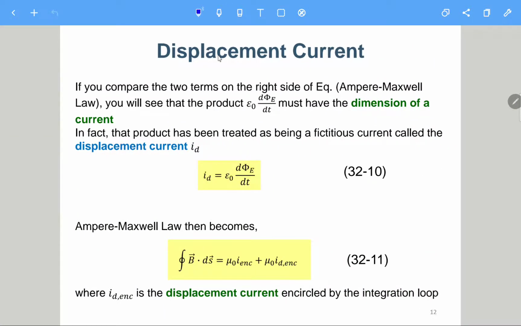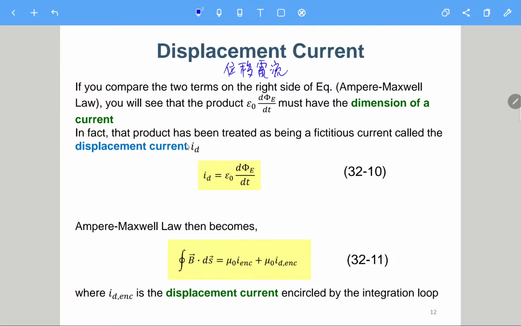Okay, so here we introduce a concept called the displacement current. If you compare the two terms on the right hand side of the Ampere-Maxwell law, you'll see that this product must have the dimension of a current.